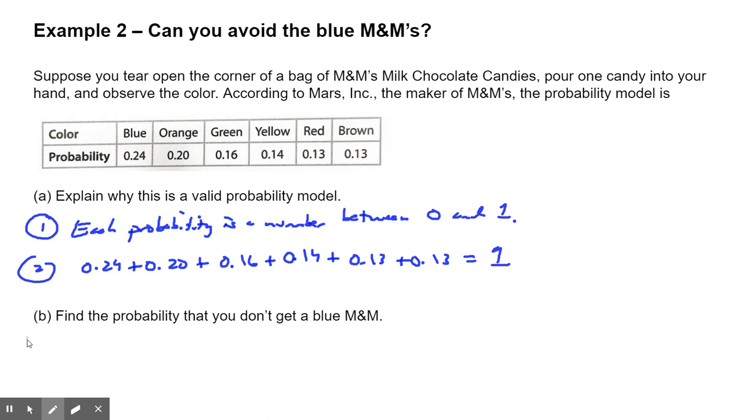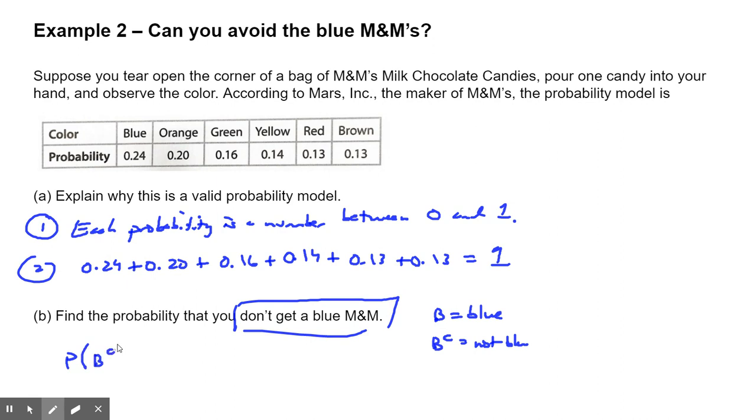Okay. Problem B says, find the probability that you don't get a blue M&M. So let's say that B means you get a blue. So then B complement means not blue. So I want to find the probability of B complement.